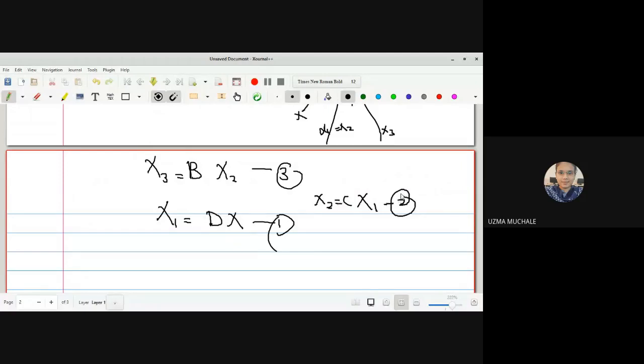Okay. So after all these equations, before that, let me write down this one. x3 is equal to B x2. For that, x3 is equal to, we'll write the matrix of rotation B, in which we can write this as cos psi, sin psi, 0, minus sin psi, cos psi, 0, 0, 0, 1. Right?